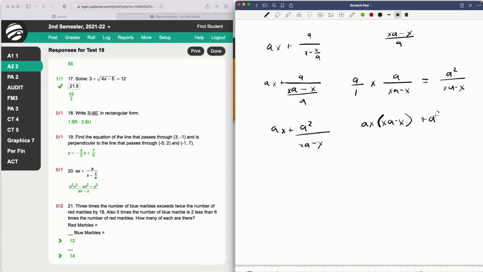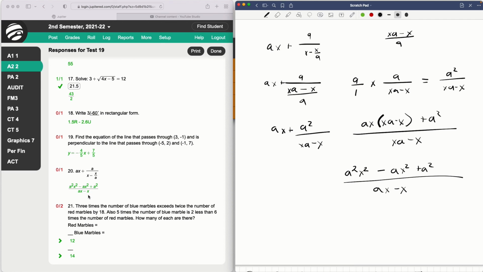So this is going to be a squared x squared minus ax squared plus a squared all over ax minus x. I need to put everything in alphabetical order to make it easy. And that's what I have here. All right, last one, sweetheart.